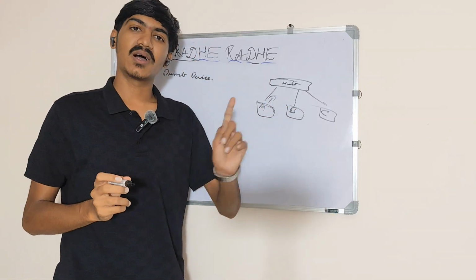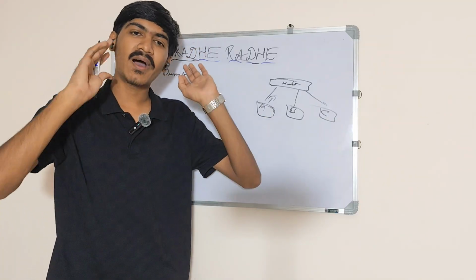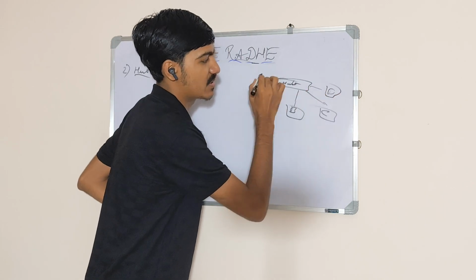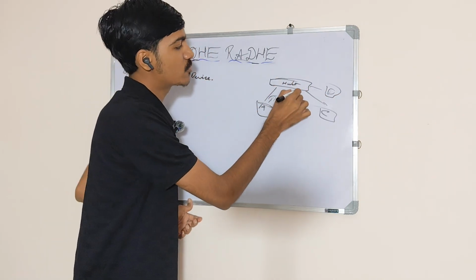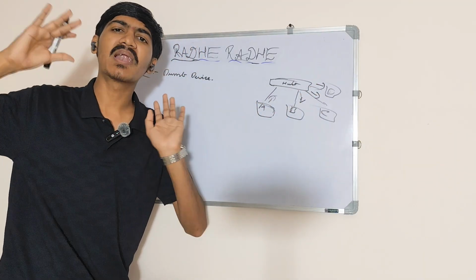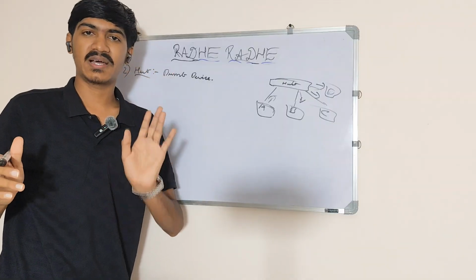Now the hub doesn't know that this data is meant for C. What it blindly does is forward. Suppose we have one more device here, D. It simply forwards A's data to all other ports, blindly, because it doesn't know for whom the data is meant.